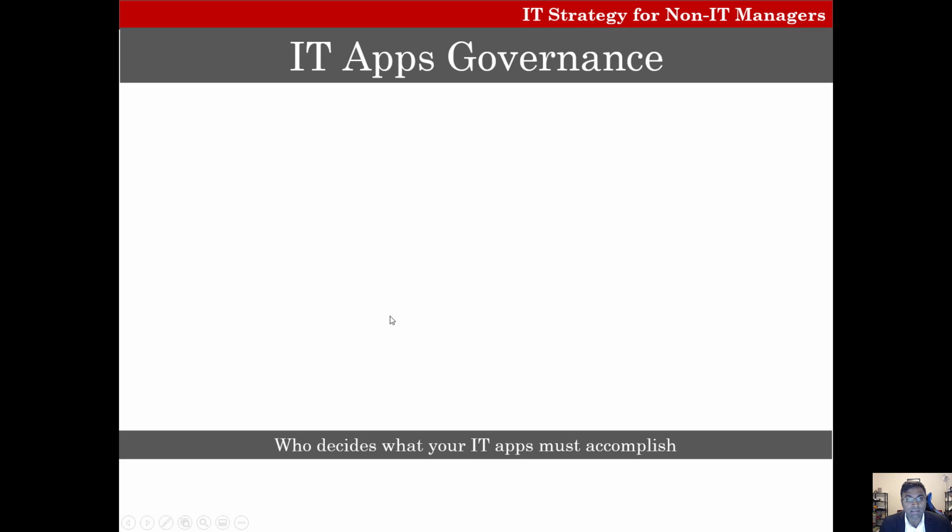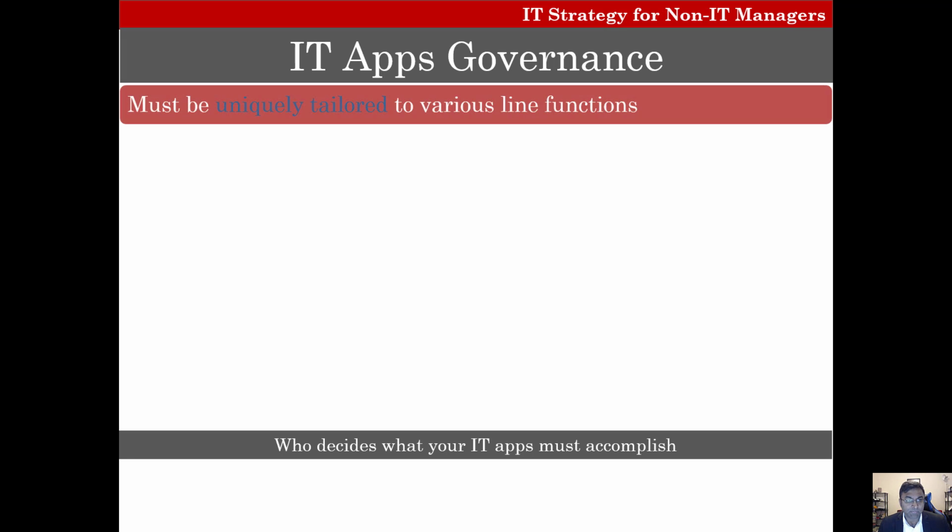The next IT architecture we looked at was IT apps. IT app governance refers to whether the line function or IT unit decides what business objective your IT apps must accomplish. Whoever has this authority must bear accountability. Unlike IT infrastructure, business apps must be uniquely tailored to various line functions.